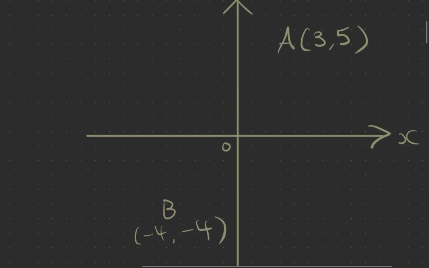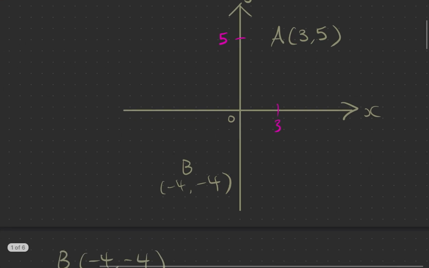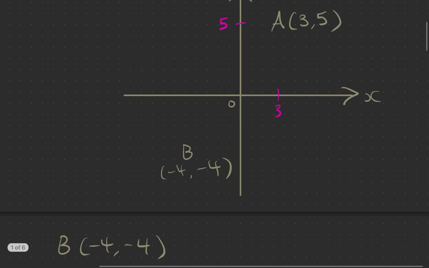Alright, so now we're just going to take a look at an example on a graph. So over here I have two plotted points, A with the coordinates 3 and 5. So the 3 comes down here, the 5 is here, and then I have a point B with the coordinates -4 and -4.